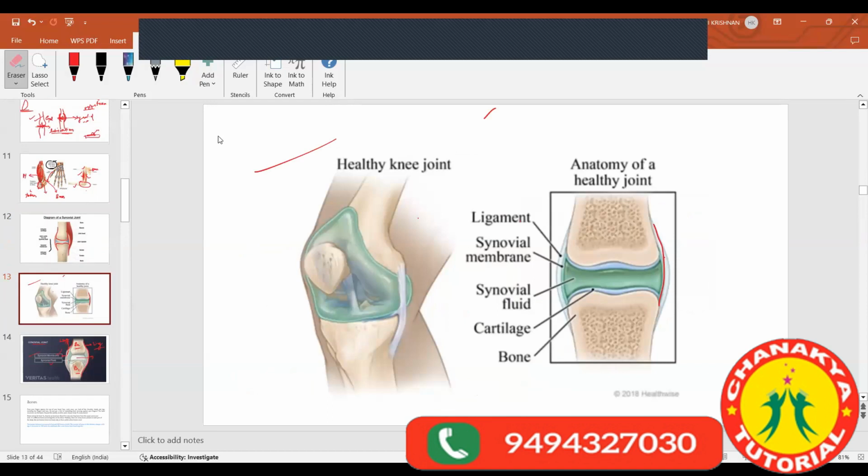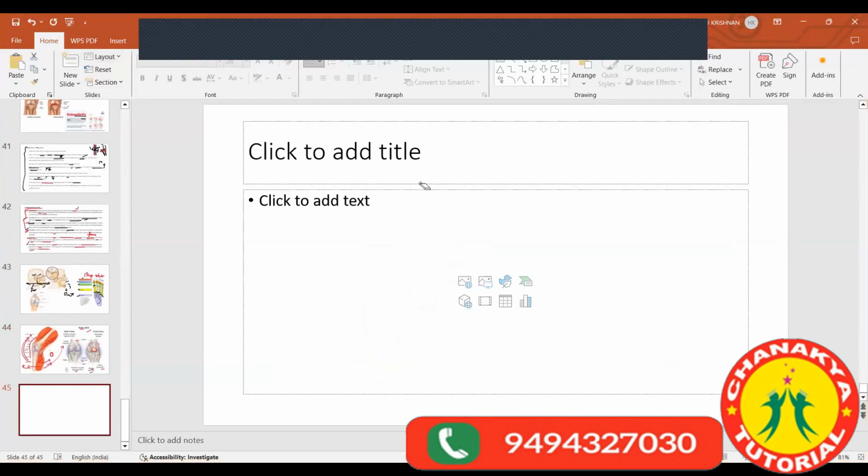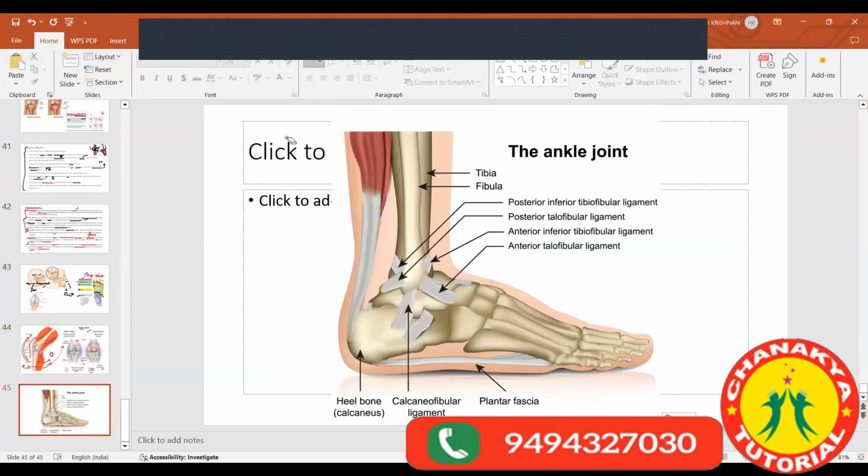It's connecting your foot and the lower part of the body, the ankle joint. Okay, I'll get the picture. It will be clear. This is the knee joint. You're correct. See, this is the ankle joint.